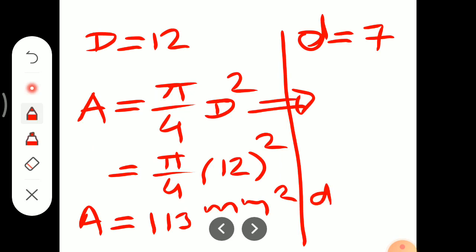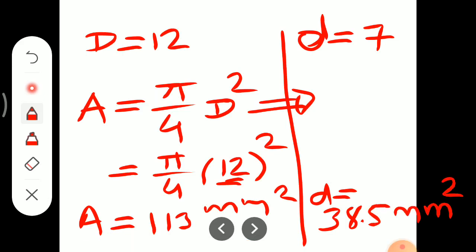Put the value of d as 7 mm, and the area is equal to 38.5 mm square.